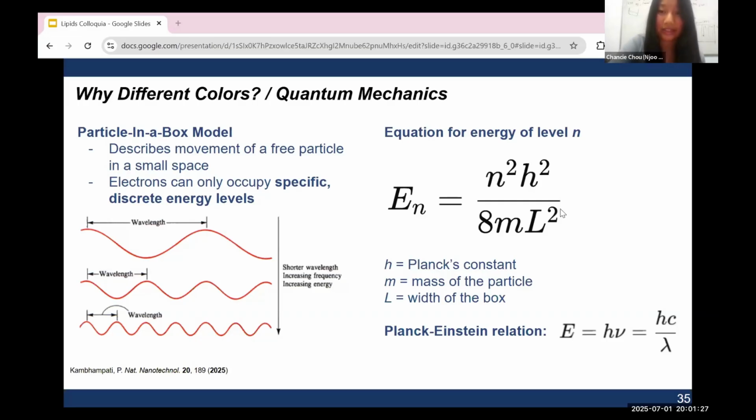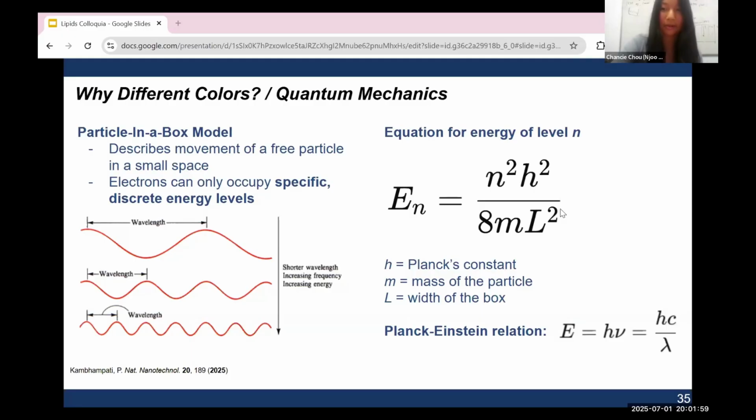And this makes sense because smaller quantum dots have fewer atoms and therefore less overlapping of their orbitals or energy levels. And this causes the band gap to become even wider. The same goes the other way around: if the box is larger, the energy levels get closer together. And for those who prefer a mathematical equation, on the right we have the equation for the energy of level n.